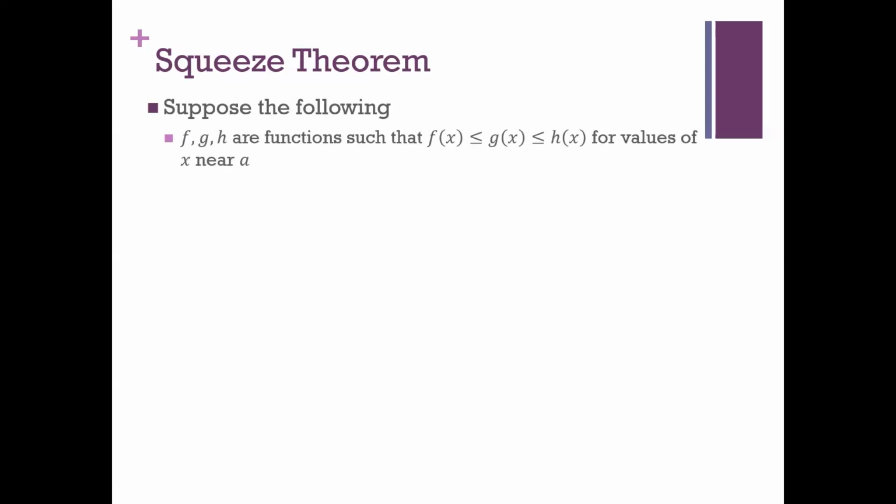So let's say that I have 3 functions f, g, and h, where you kind of have this tower. f is less than or equal to g, which is less than or equal to h, in some vicinity of a, in some neighborhood near a.